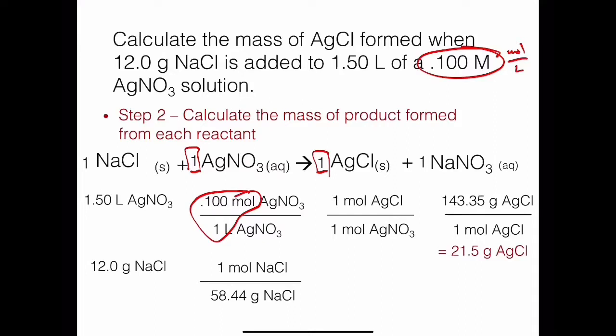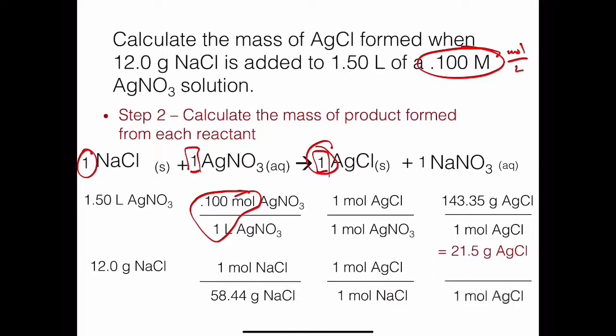Now that we're in moles of sodium chloride, we can go from moles of sodium chloride to moles of silver chloride using, again, the coefficients in the balanced equation. This is, again, a 1-to-1 ratio because all of our coefficients were 1. Our final step is to convert from moles of silver chloride to grams of silver chloride because, again, the problem was asking me to calculate the mass of silver chloride formed, so I need to go all the way to the end.